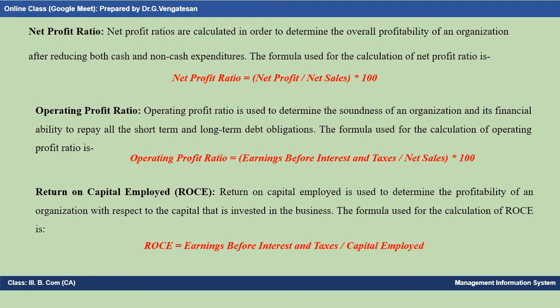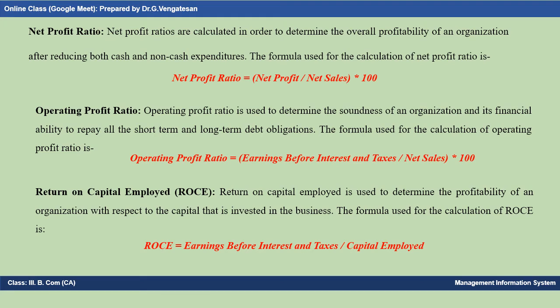And the next one is return on capital employed. So return on capital employed is used to determine the profitability of an organization with respect to the capital that is invested in the business.